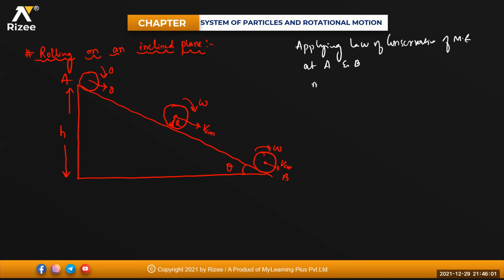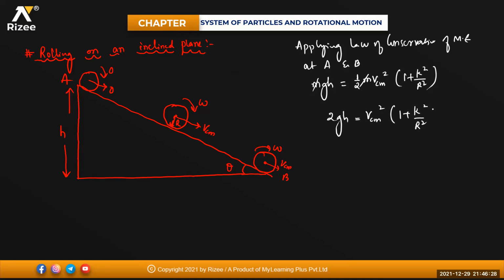That means total initial energy is mgh, potential energy. That must be equal to half into, what is the moment of inertia? m into VCM square into 1 plus K square by R square, isn't it? Because at the lowest position, potential energy will become 0. This m and this m will get cancelled. So 2g into h will be equal to VCM square into 1 plus K square by R square.